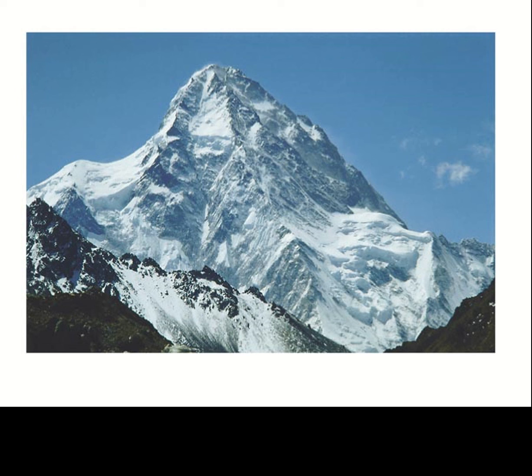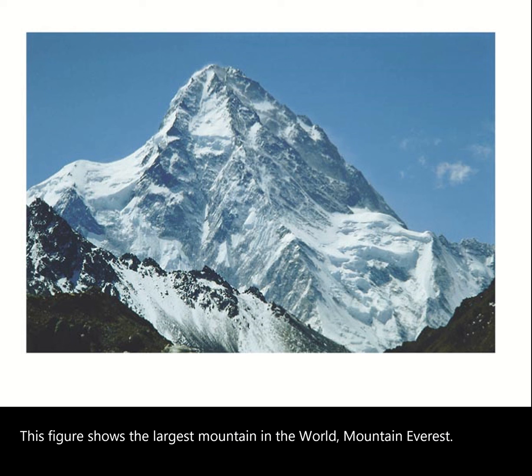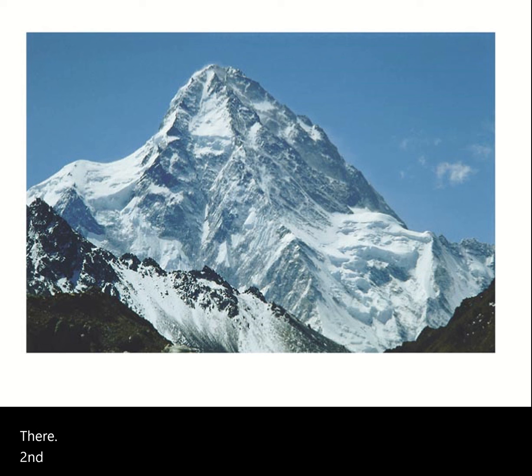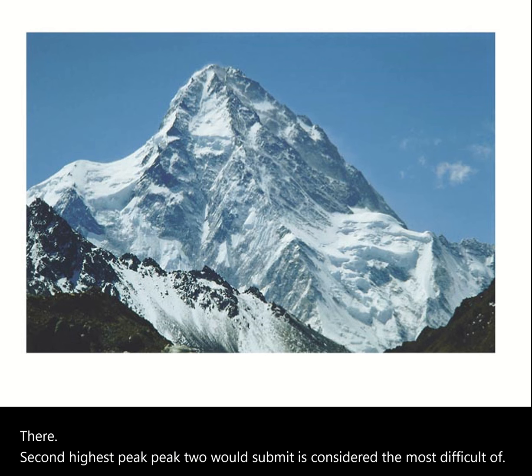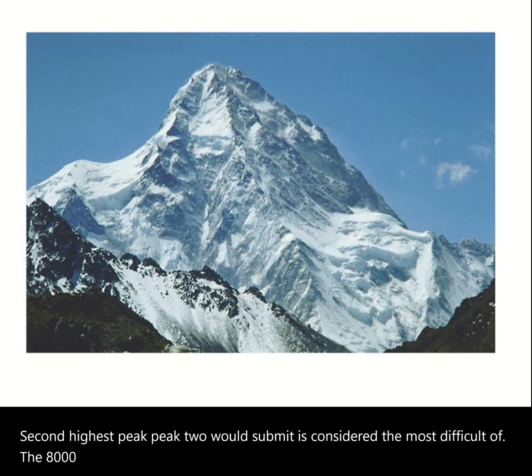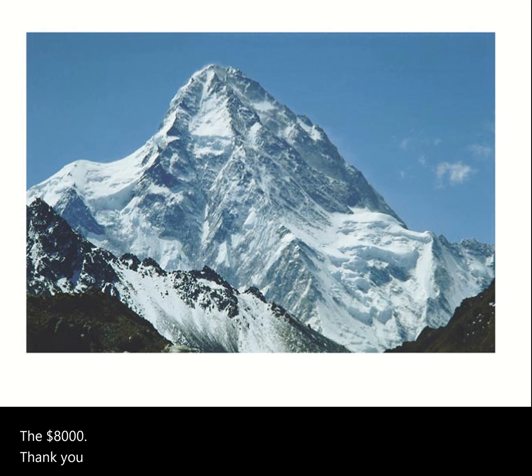So this figure shows the largest mountain in the world, Mount Everest. The second highest peak, K2, has a summit considered the most difficult of the 8,000ers. The K2 is seen here from northern China.